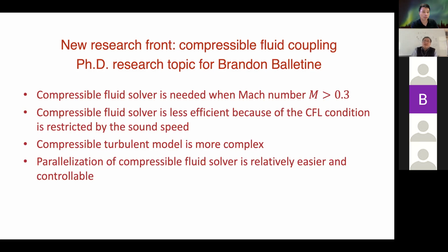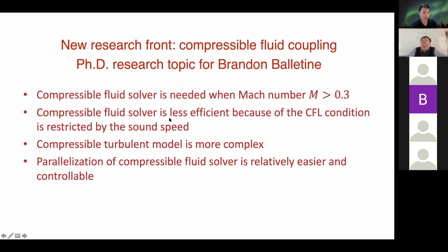However, we think that studying the parachute model coupled with the compressible fluid is a very interesting problem, and also a good topic for a graduate student's PhD thesis. So Brandon was interested in this problem. And it is needed when the Mach number is greater than 0.3.